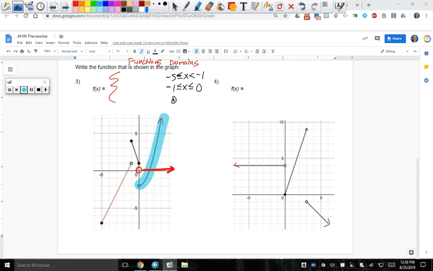You could say 0 is less than, because it's open, x, which is less than infinity. And we talked about this in class. We don't have to write that out. So we could just write 0 is less than x, or x's that are greater than 0. And I like that one best. So x's that are greater than 0.